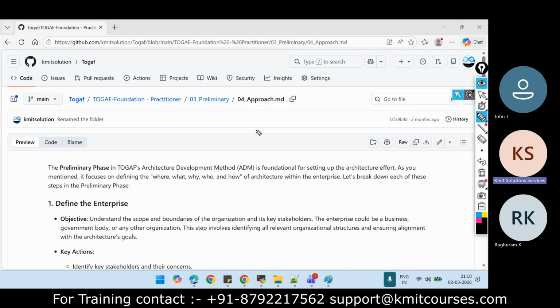Another thing: you are the enterprise architect and you are in the preliminary phase. Why are you in the preliminary phase? Because first you need to know the organization setup. When we are talking about the organizational setup, the participants will be very senior level stakeholders.